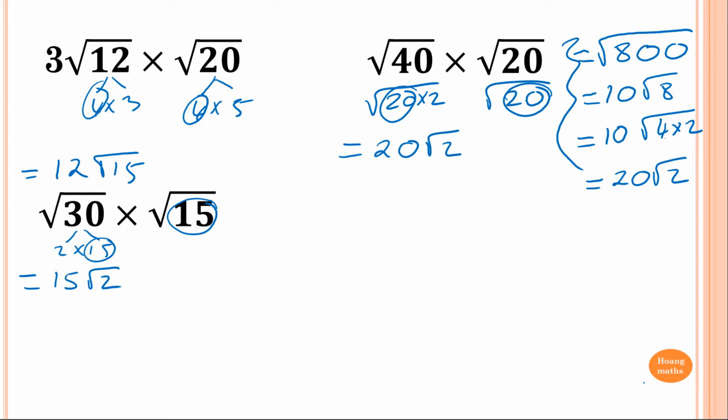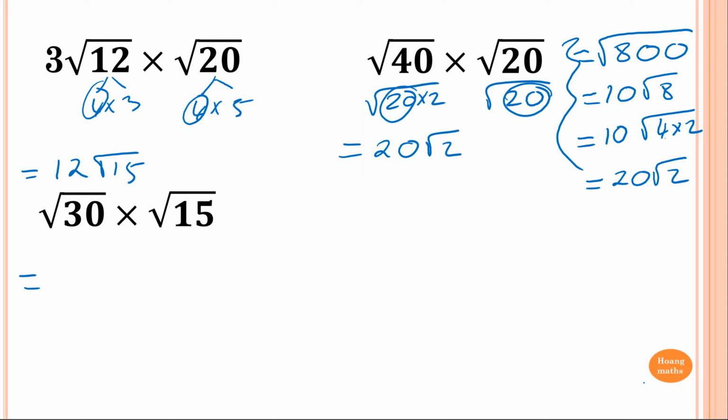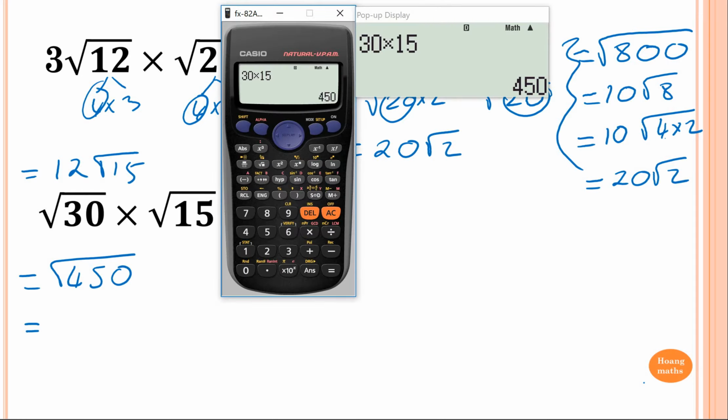So let's say I'm gonna do a different way. Let's say 30 times 15. Of course, you can use a calculator. So you go 30 times 15, because most people like to multiply them in. Which is 450, correct? But you notice that in 450, 45 is a square number there. So you divide by 9.